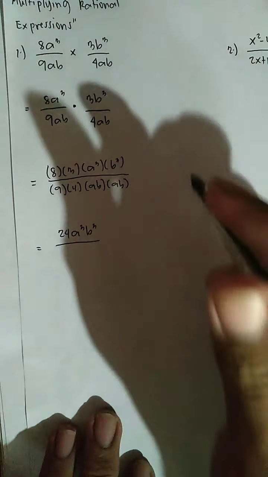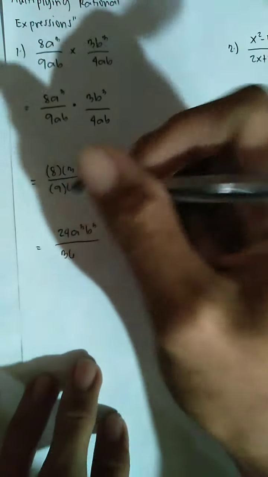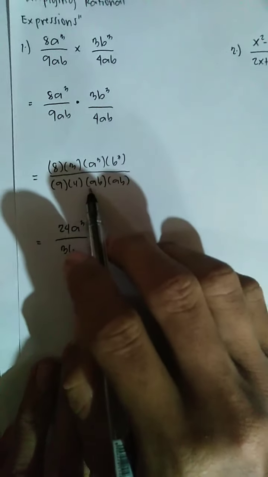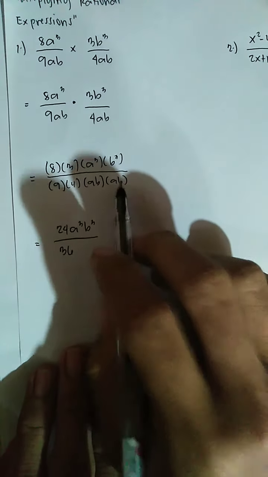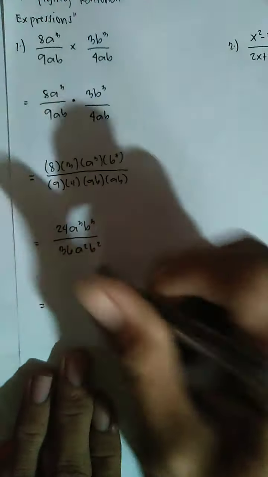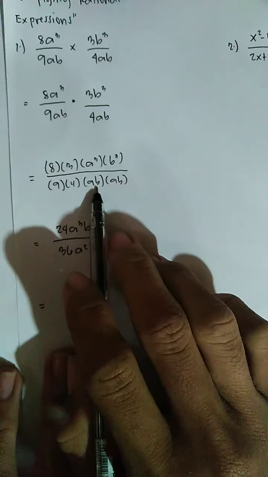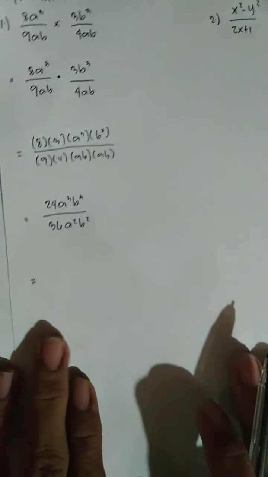Yes, that is 36. So we have here ab times ab. We can say that is a squared b squared. So just simply multiply ab times ab, that is a squared b squared.